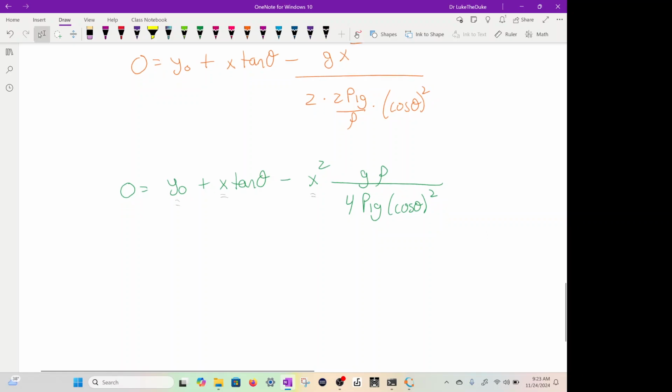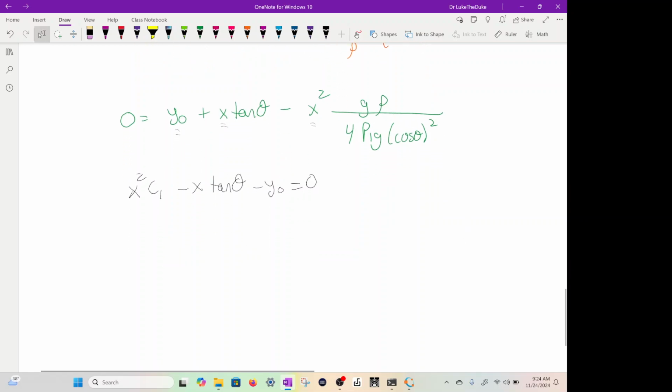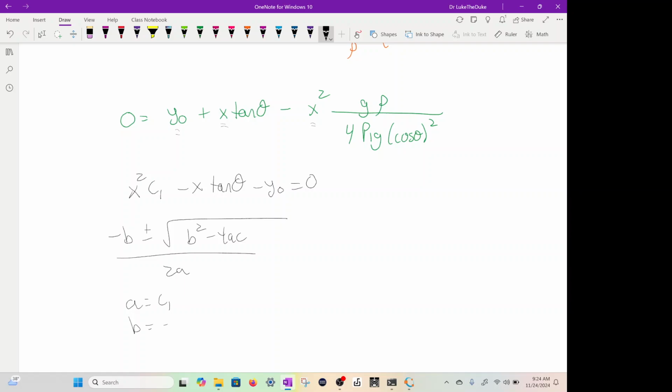That is a quadratic equation, which I'm going to rewrite like this, where we can solve it with negative b plus or minus square root b squared minus 4ac all over 2a, where a is the coefficient of x squared, b is negative tan theta, and c is negative y naught.